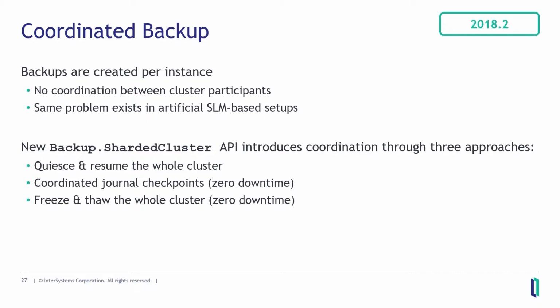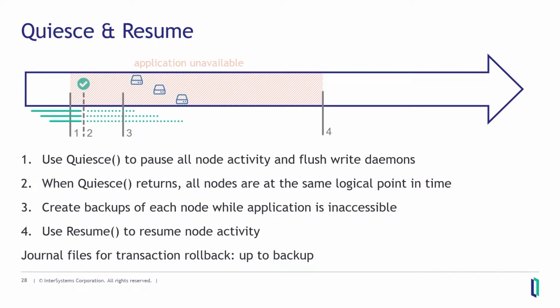So in 18.2, we're introducing an API that allows you to make sure that you can coordinate backups being taken across your cluster. And there's actually 3 ways that I'm going to briefly zoom in on. So the first mode is the Quiesce Resume. So with Quiesce, you're just telling your machine, stop, I'm going to create a backup.